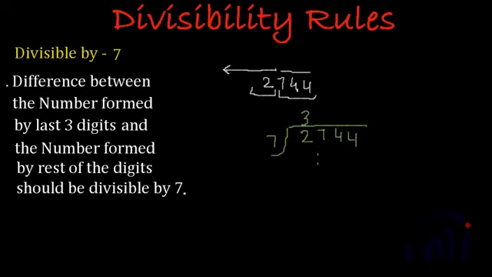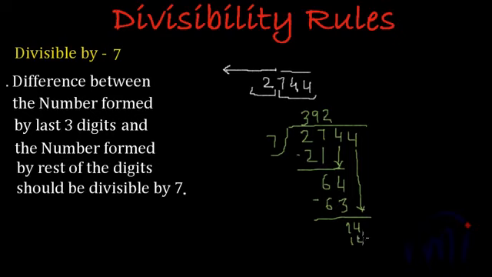7 3s are 21. And if we subtract, 7 minus 1 is 6. I'll note this 4 down. 7 9s are 63. If I subtract, I'll get 1, and now I'll note this 4 down, making this number 14, and 7 2s are 14. 0.